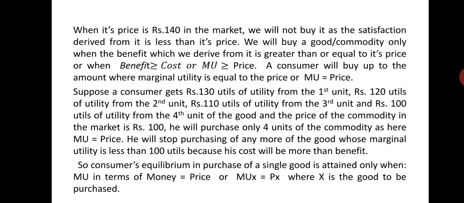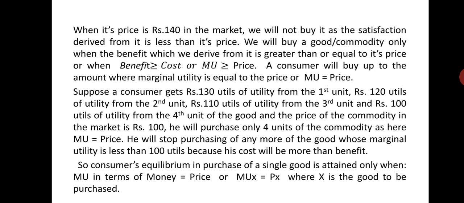So here marginal utility and price become equal, and the consumer will purchase only 4 units. He will stop purchasing any more of the good whose marginal utility is less than 100 utils, because his cost will be more than benefit.